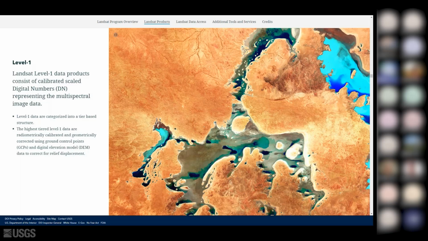Level 1 data is categorized into a tier-based structure, and the highest tier data are radiometrically calibrated and geometrically corrected using ground control points and digital elevation model data to correct for relief displacement.